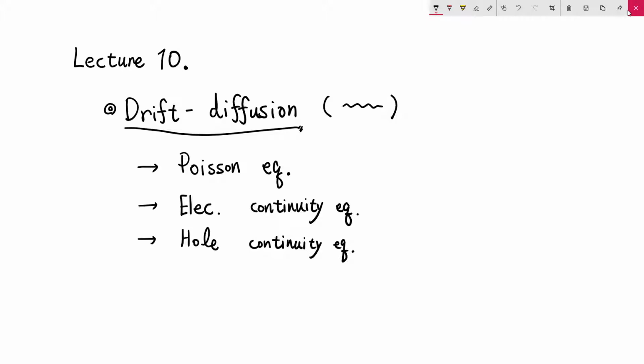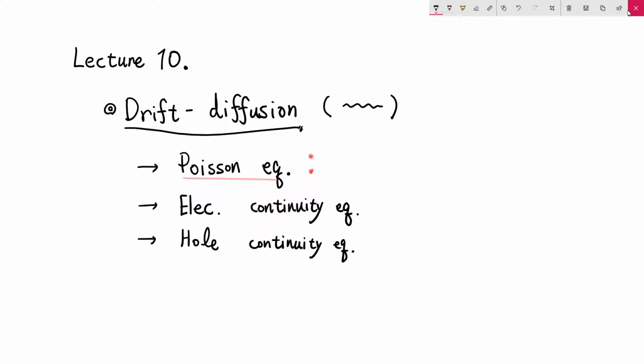As you may find in my previously recorded lectures, the Poisson equation is just a purely mathematical term for categorizing a certain equation.